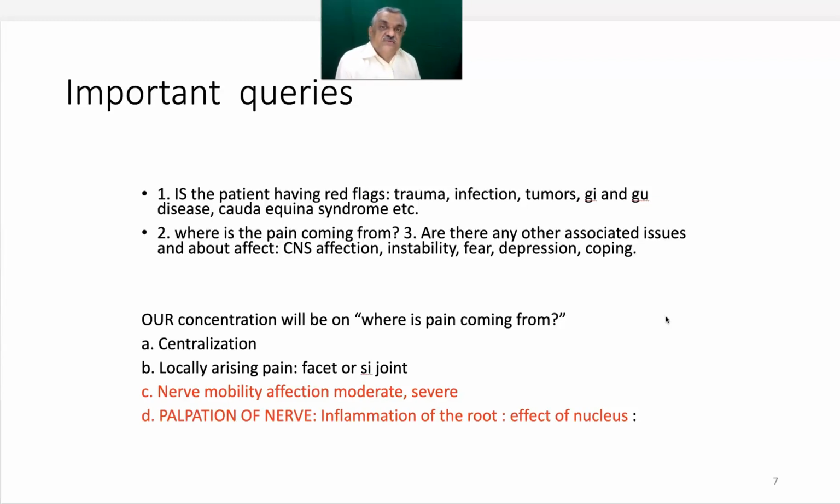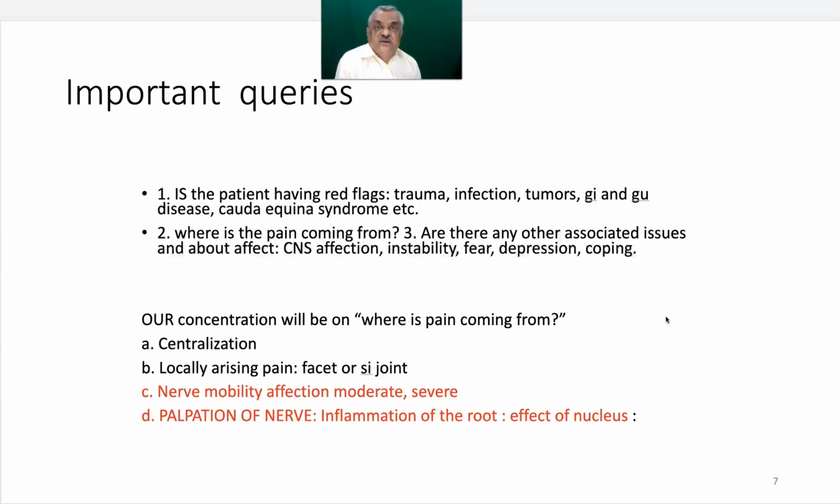Our concentration will be on the basic question, or a fundamental question as we call it: where is the pain coming from? We need to look at centralization of the pain, which we have described, that is asking the patient to be in prone and extend the upper part of the spine and see whether the pain comes to the center, comes to the midline, comes to the lumbosacral junction.